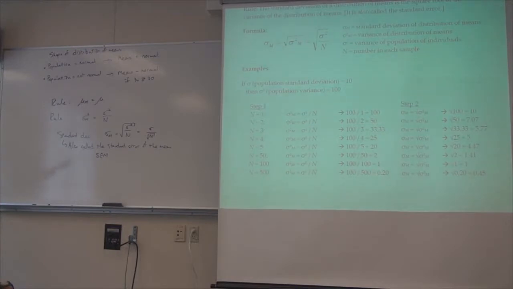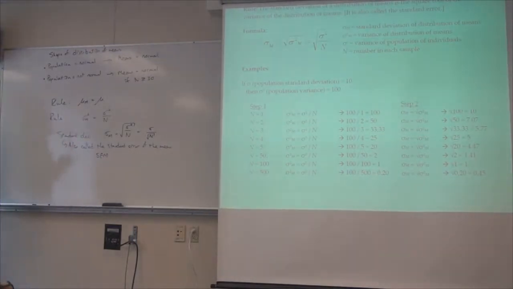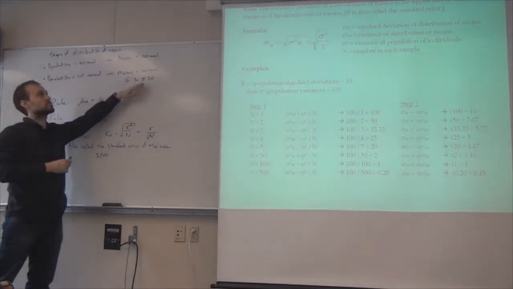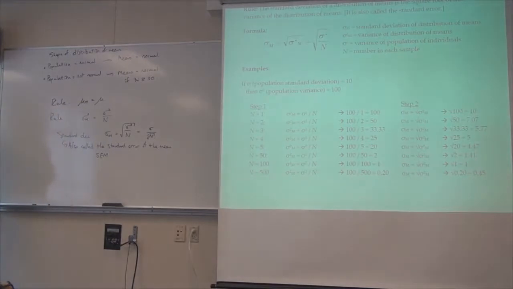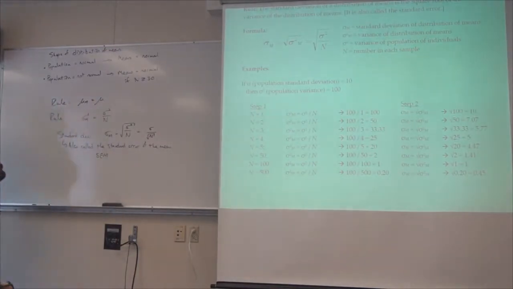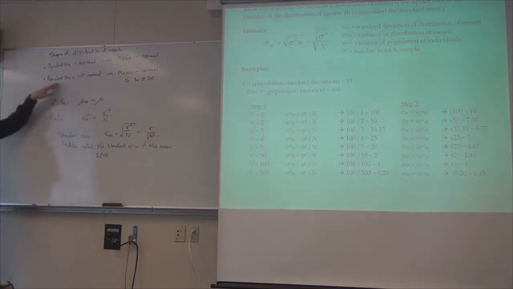So the central limit theorem says, bigger sample size, and regardless of what the population is doing, the distribution of means approaches a normal distribution. Where is an acceptable crossover point for the sample size? If it's at least 30, then it's close enough to a normal distribution regardless of where the population comes from.